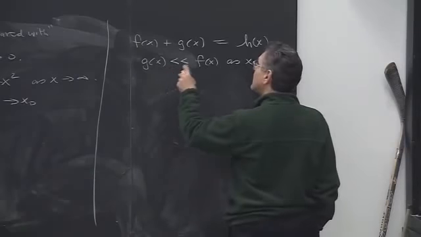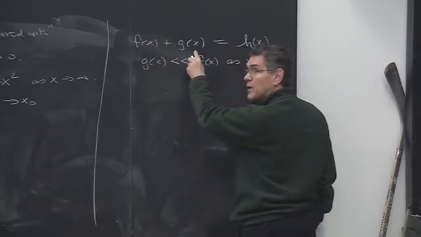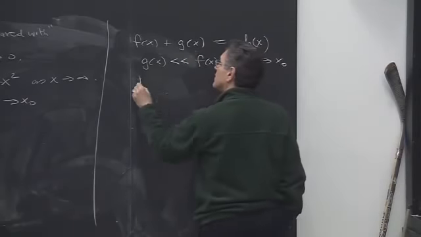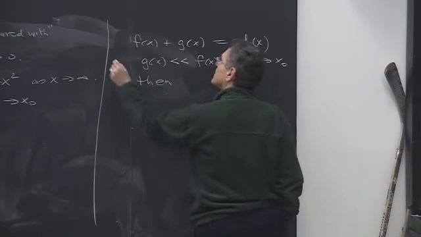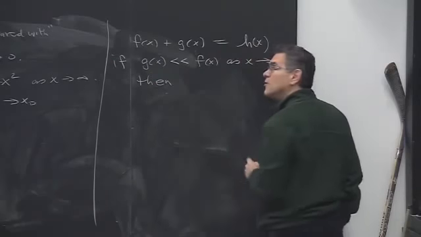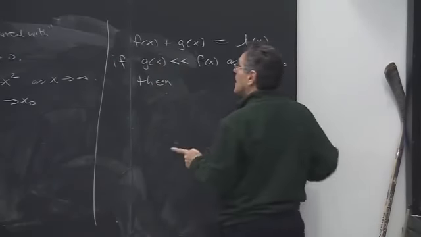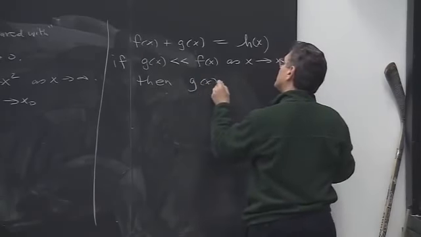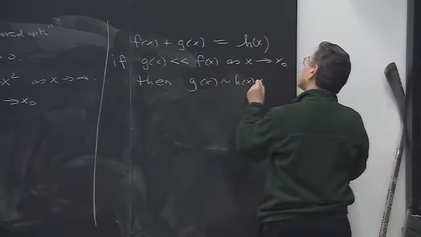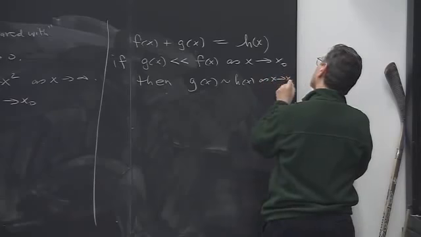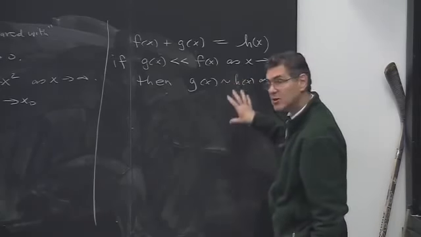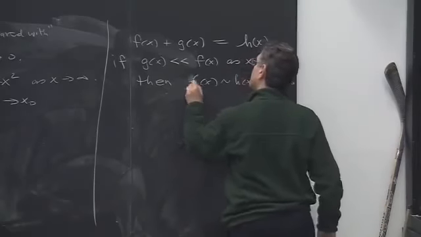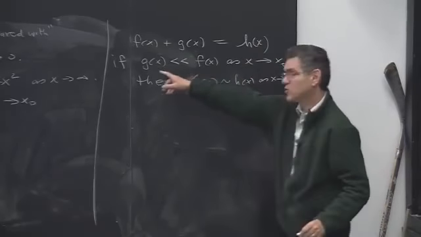Exactly. If g of x is negligible compared with f as x approaches x naught, then, okay, I can throw away g of x and I can conclude that f of x is asymptotic to h of x as x approaches x naught. That's the connection. Sorry? Oh, I'm sorry. That f of x is asymptotic to h. G is negligible.